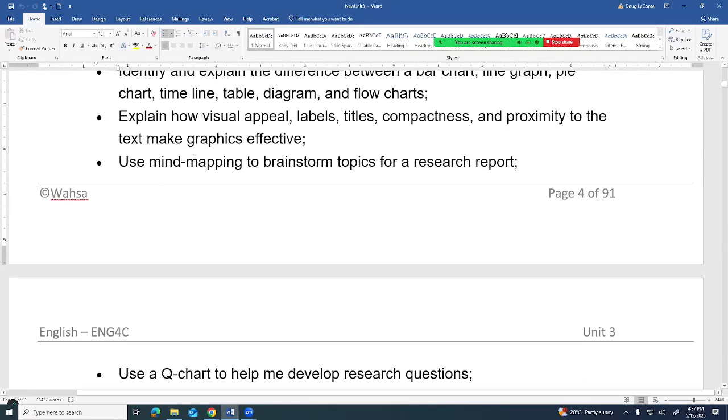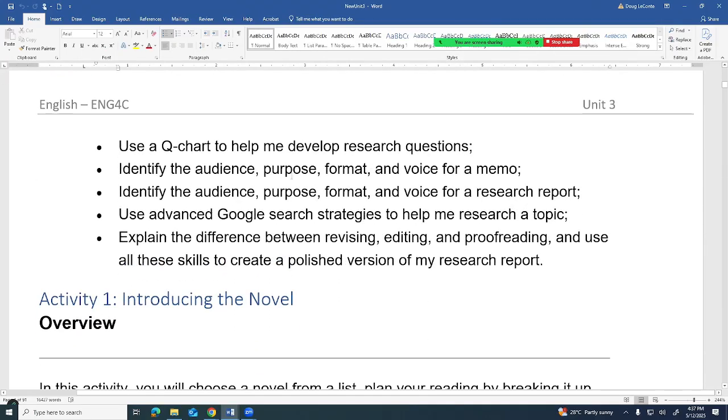You're successful when you can use mind mapping to brainstorm topics for a research report. You're successful when you can use a cue chart to help you develop research questions. And this is a really exceptional tool that helps you develop the questions that will become maybe the main topics of an essay or a report.